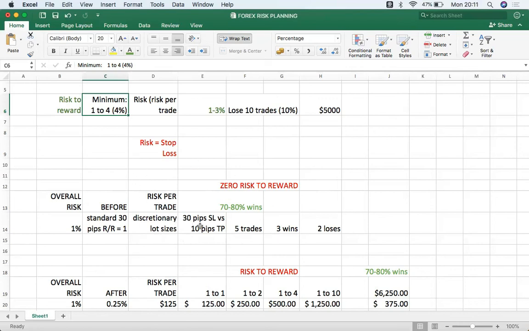Even if I was winning most of the trades, 3 out of 5, 70 to 80% wins, I was still losing. This is how the majority of traders, especially at the very beginning, trade. And that's why we get frustrated, not because we are not good traders, not because we don't know how we are trading, but because we are not understanding what risk plan to use.